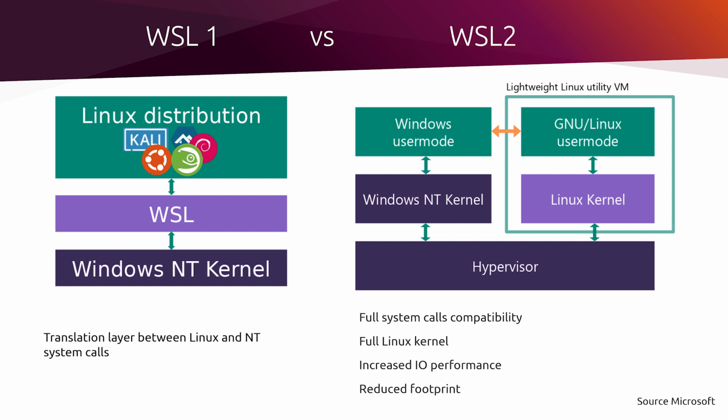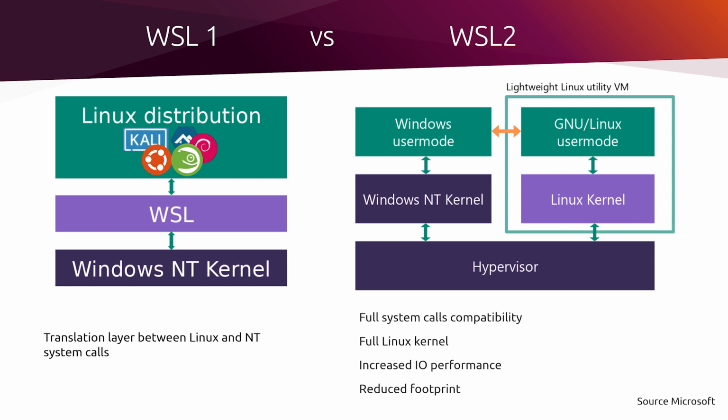For example, if you do an open system call on a Linux kernel, you will pass a path to the file you want to open and a mode to open this file. Then on NT, this system call doesn't exist. You have to call, for example, open file. So you have to translate this open call to an open file call on the NT side. That's what this WSL layer does on WSL1.